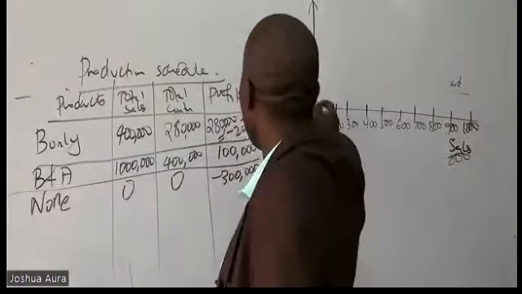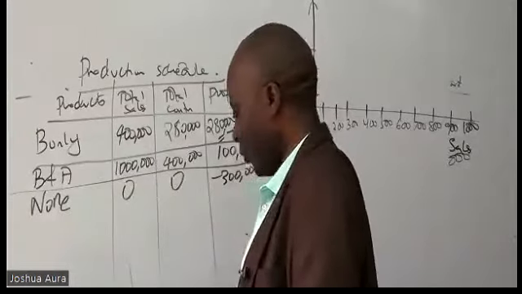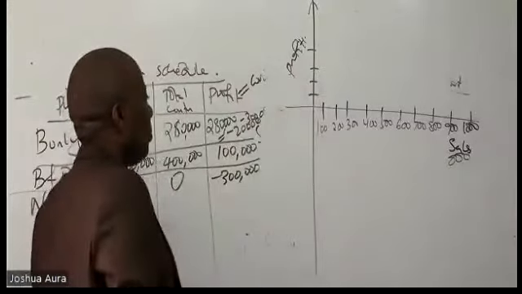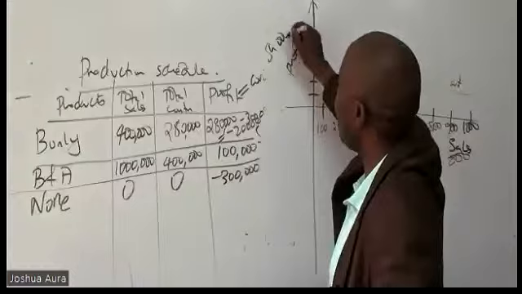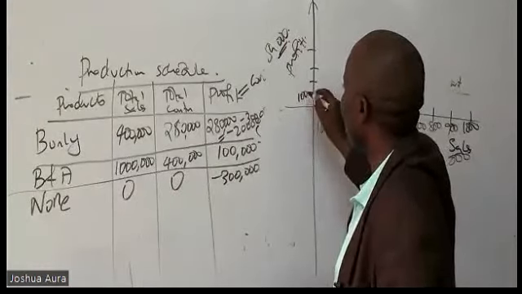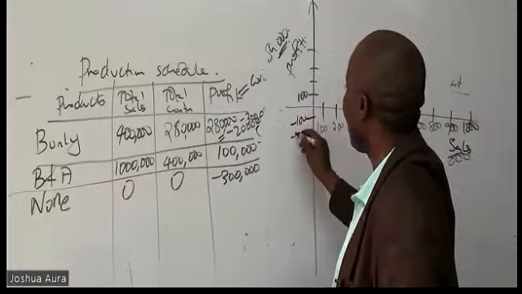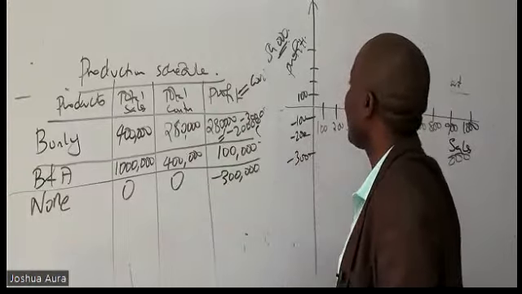And then go straight away to the profit. So profit really here, the best one also is to go to 100. So profit in shillings thousands. So this will be 100, minus 100, minus 200, minus 300, like that.